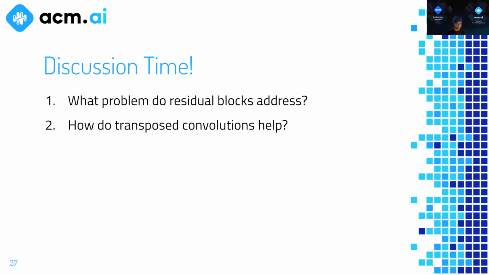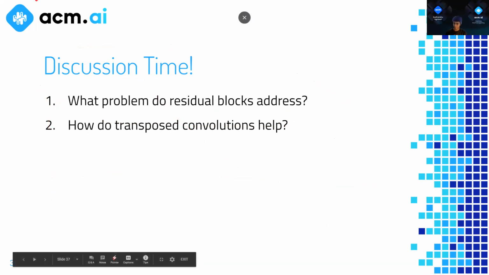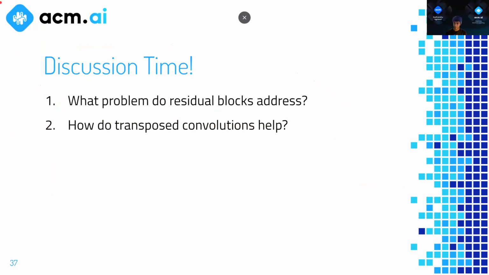So before the second question, does anyone have any questions about why that's true? Why do the residual networks solve the vanishing gradient problem? Okay, I think we're good.